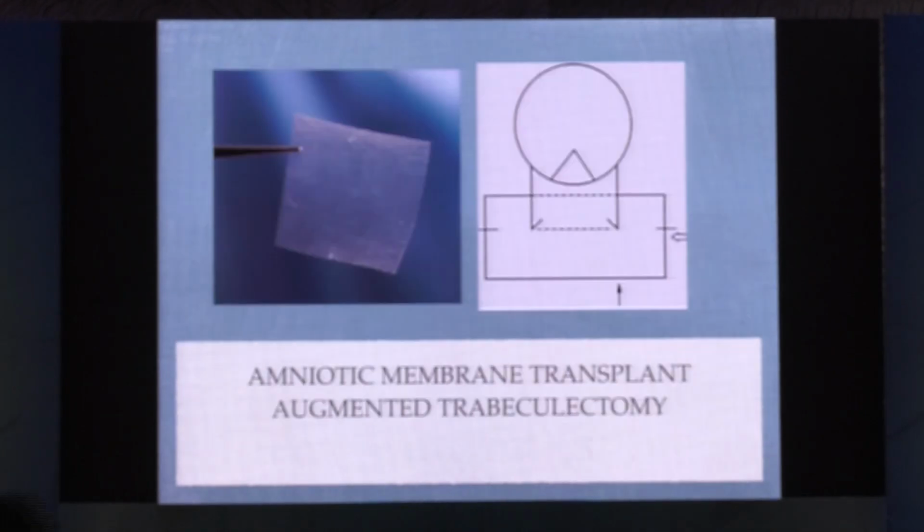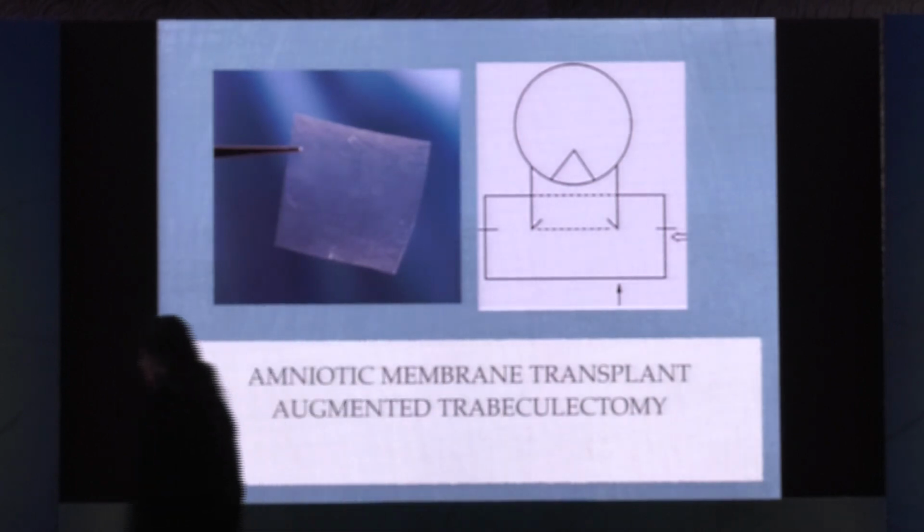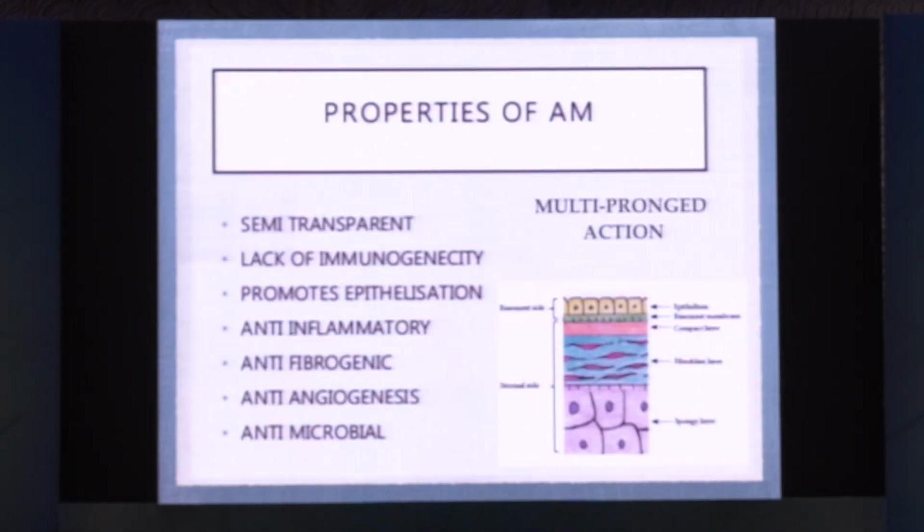So one of the new modalities that is being used nowadays is the amniotic membrane. The membrane is available easily and has been used lately in wound modulation of trabeculectomy, primarily because the amniotic membrane is anti-inflammatory, anti-fibrogenic, anti-angiogenic, antimicrobial, lacks immunogenicity, and is easily available.